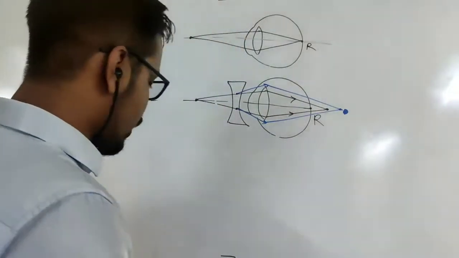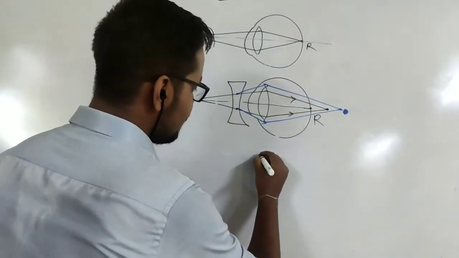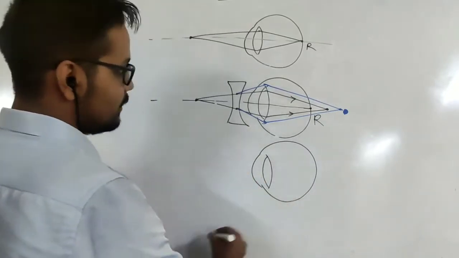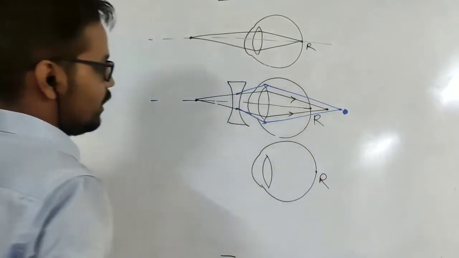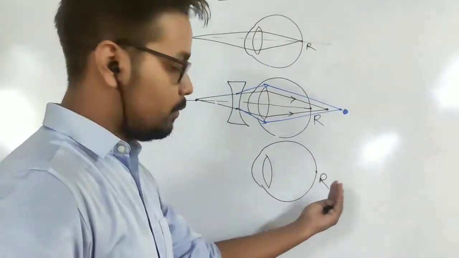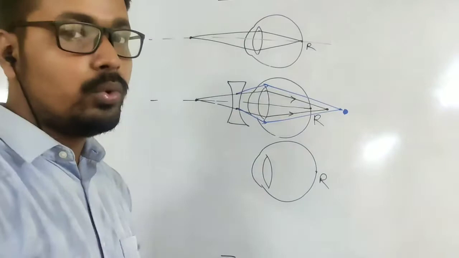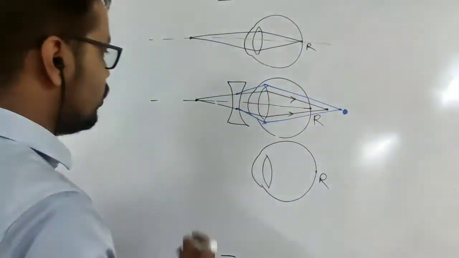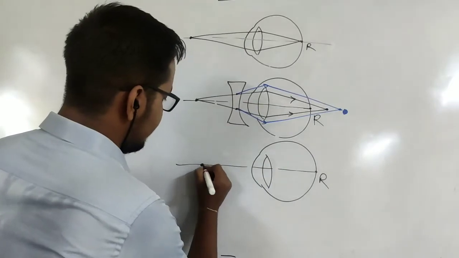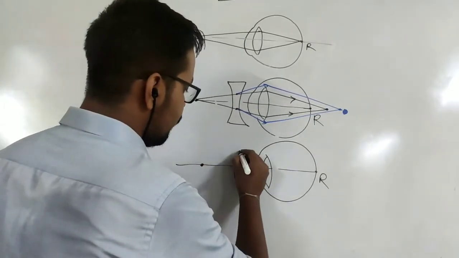So what we need to do now, let us take the ball. This is going to be our lens. That is the retina. Now as the light is focusing behind the retina, we need to bring it forward, bring it closer. So in order to bring it closer, we need to converge the rays even more. So let's try converging the rays. It is the object. Let us put one convex lens here.